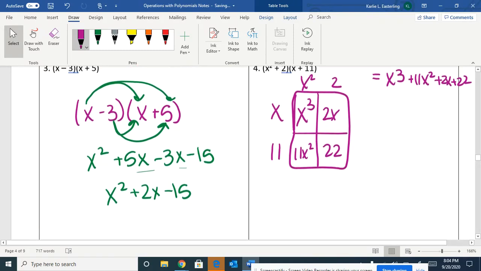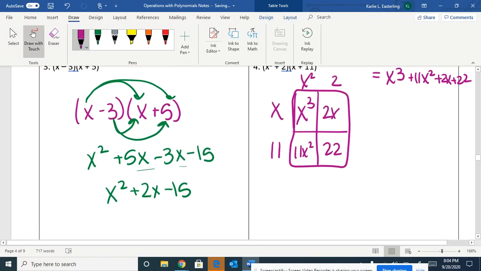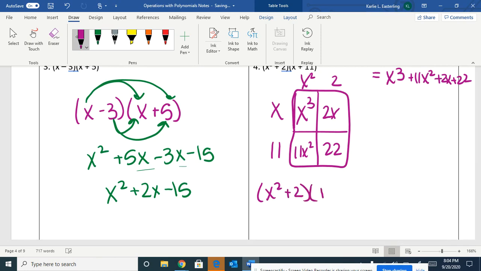And then if we were to get down here and FOIL that one, we're looking at x squared plus 2, x plus 11. So again, first times first gives us x cubed. Outer terms: x squared times 11, so plus 11x squared.